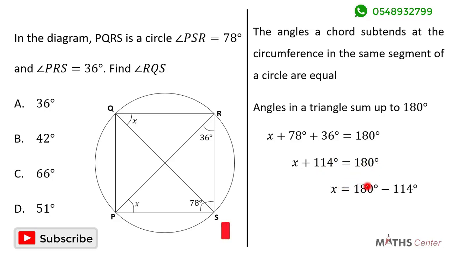X will be equal to 180 degrees minus 114 degrees, and this will give us 66 degrees. So it means that the value of X is 66 degrees. Remember on our diagram, X is angle RQS. So angle RQS is 66 degrees. When we look through the options given to us, we can see that the correct option is C.